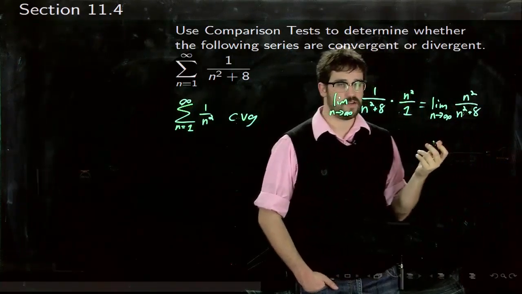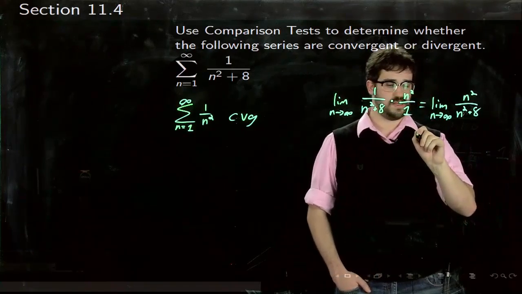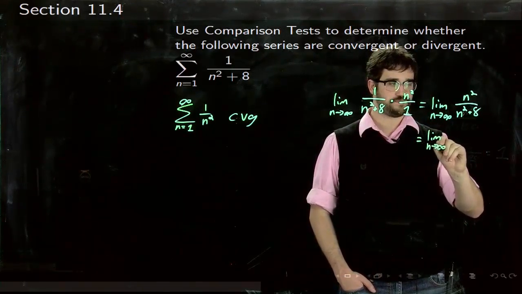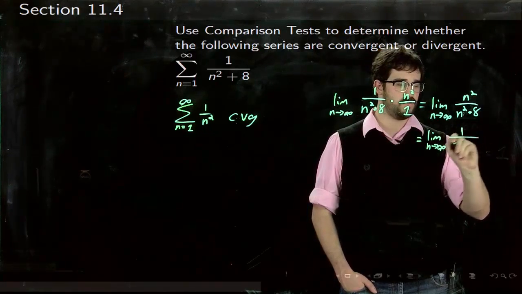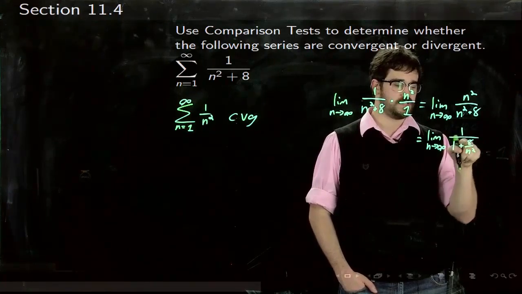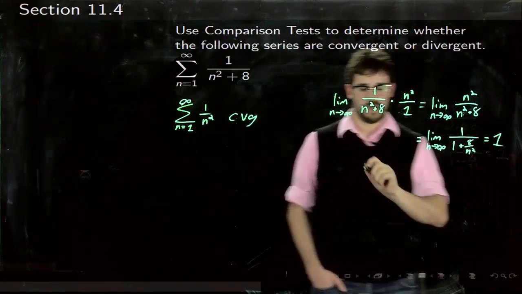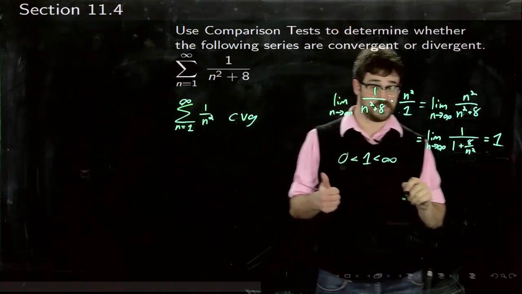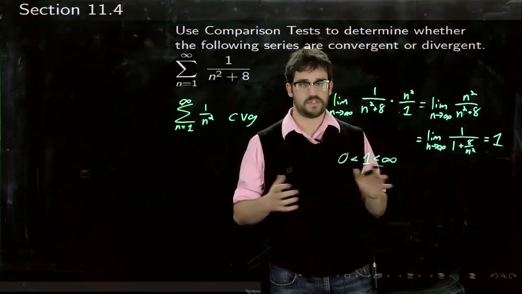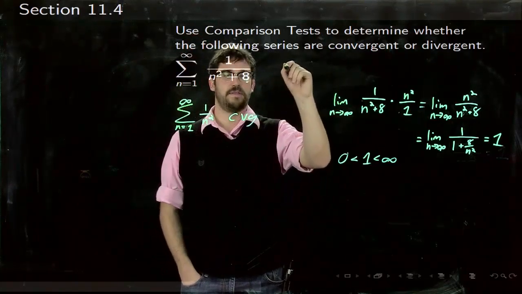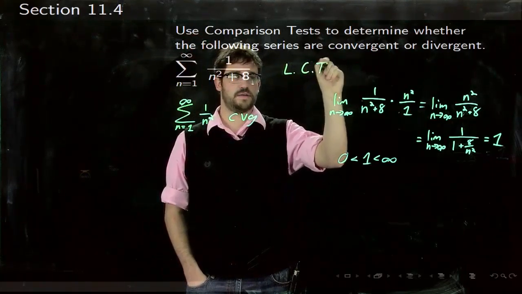Again, you could use L'Hopital's rule twice because you have infinity over infinity, or you just divide everything by n squared, and you will have 1 over 1 plus 8 over n squared. This part goes to 0, and you get 1. And once again, 1 is between infinity and 0, and it isn't 0 or infinity. So the convergence of this series is assured by the limit comparison test.